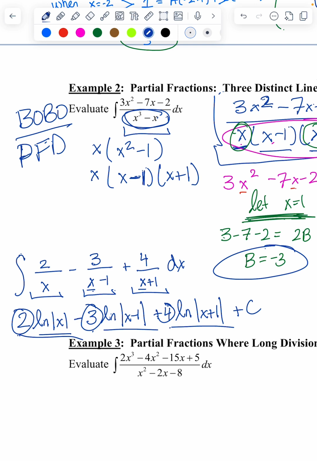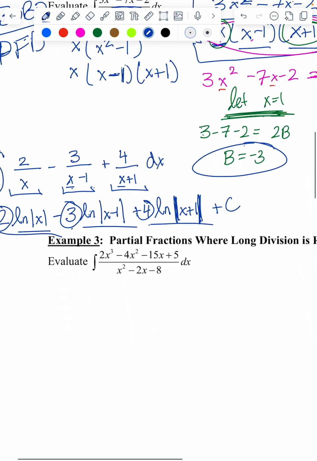Now, a few things that I do want to say, we'll talk about it in class, is sometimes these absolute values could disappear. Okay? So ln of x squared, for example, will never be negative. So I don't need an absolute value here to show that.